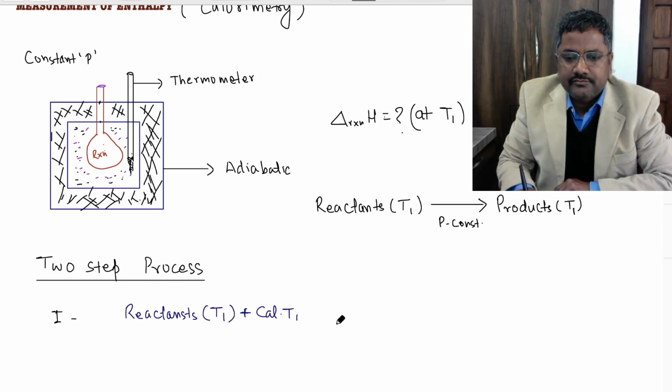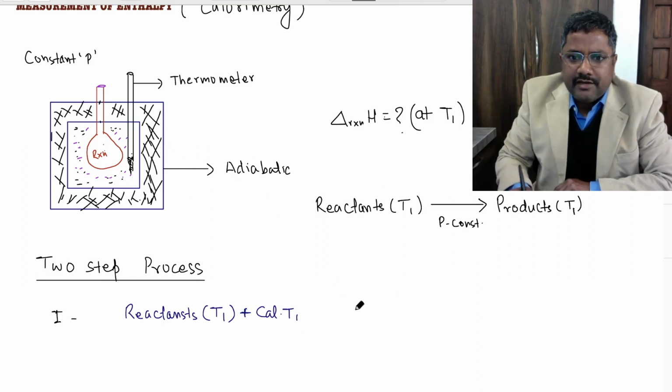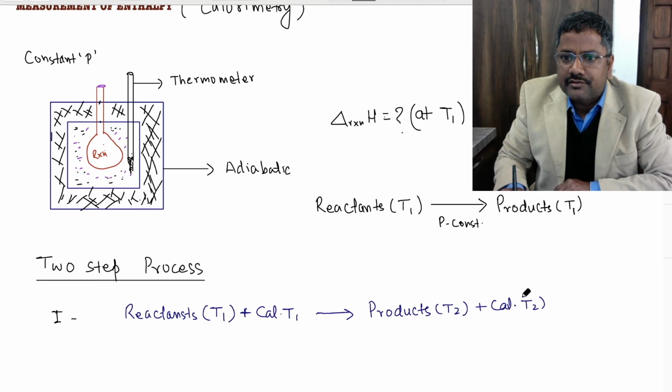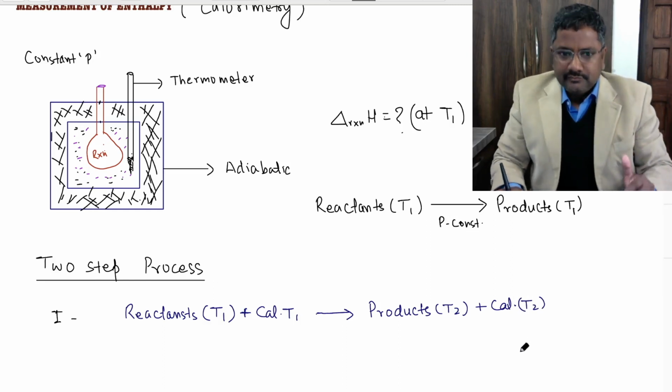You know this is an adiabatic process. Now convert this into the products at T2 temperature plus calorimeter at T2 temperature. All of you are getting it?